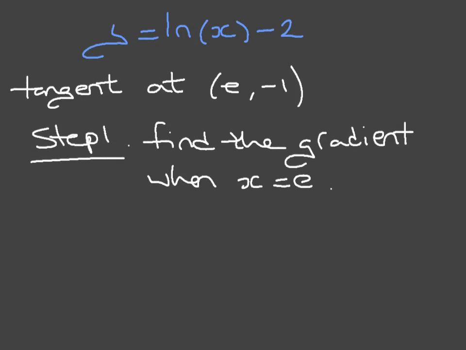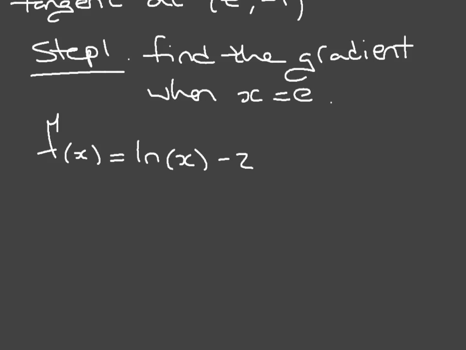Well, to find the gradient, remember, we're going to use this curve's function, we're going to differentiate it, and we'll figure out what that derivative is equal to when x equals e. So let's define this function here. f of x is equal to ln of x minus 2. When we differentiate this, this leads us to f dash of x is equal to 1 over x.